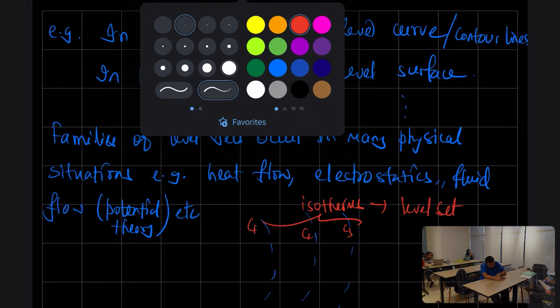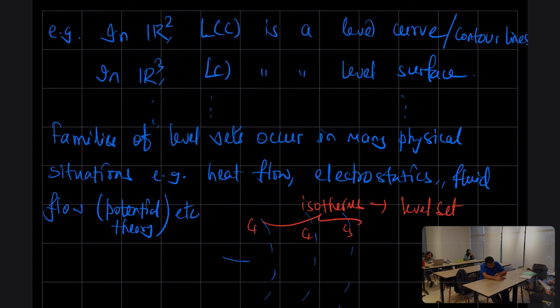And heat flow lines are also going to be curves, but those curves are going to have tangents that are perpendicular to the isotherms. So this is, say, a heat flow line, and this curve is orthogonal to those isotherm curves.